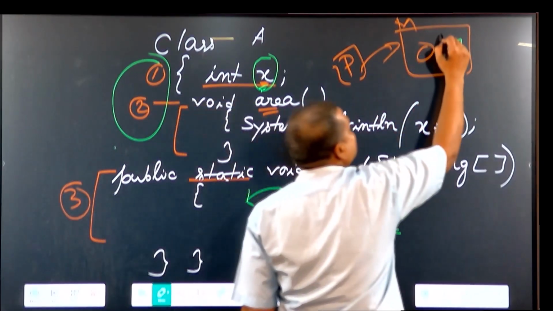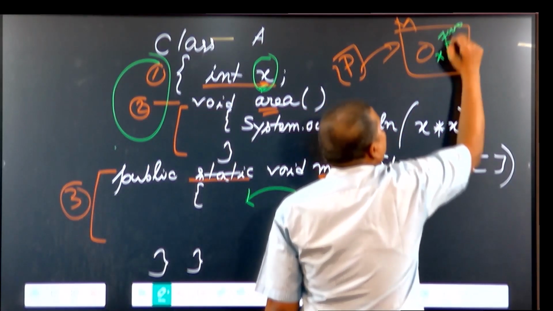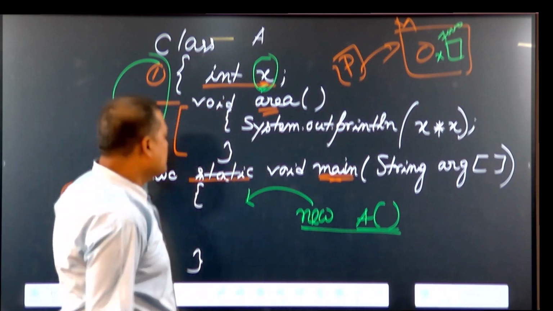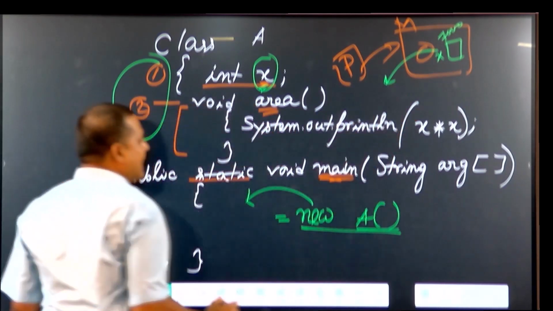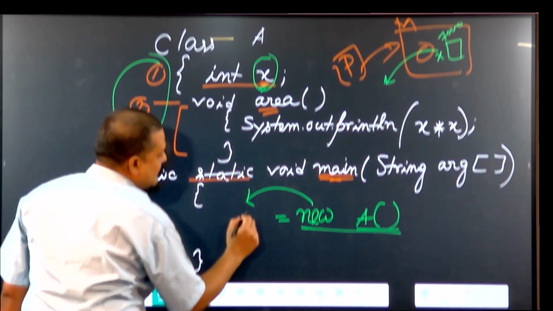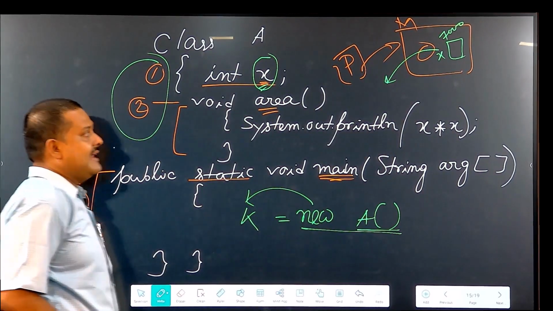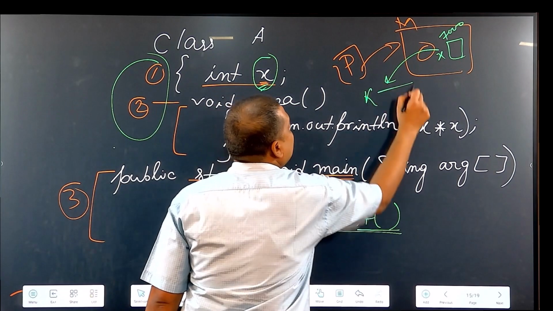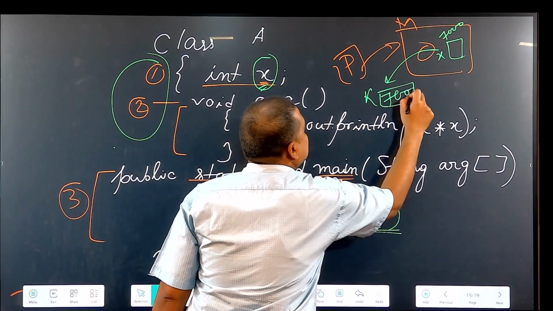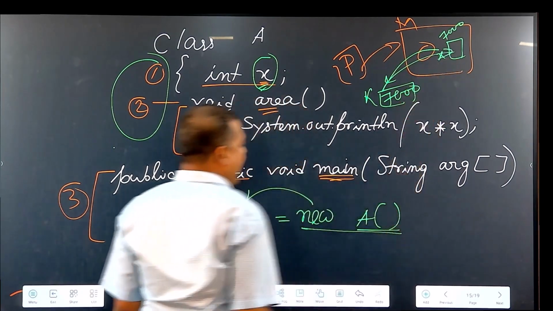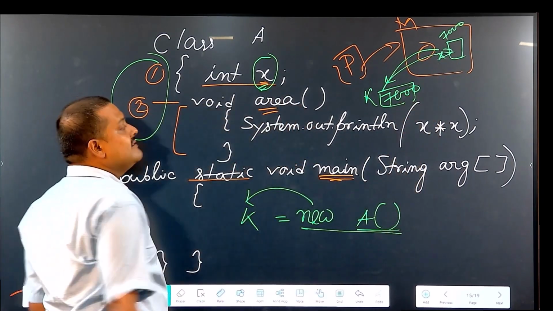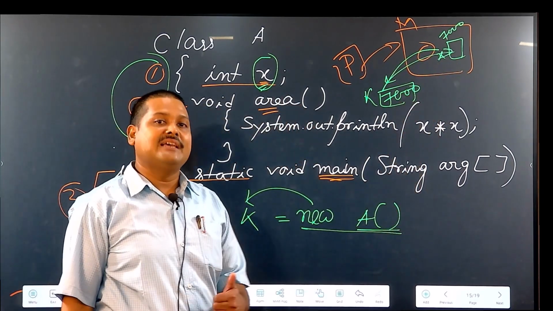Say, for example, 7000 is the base address. So who will catch it? I make a variable k, and k stores 7000. Through k this memory will be accessed, and by default x will be initialized with its default initial value.